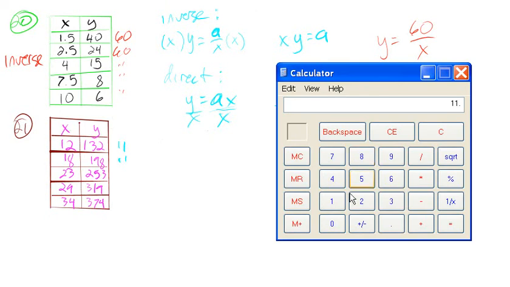Let's just keep trying this. 253 divided by 23, 11. 319 divided by 29, 11 again. And 374 divided by 34. It's 11 every time.